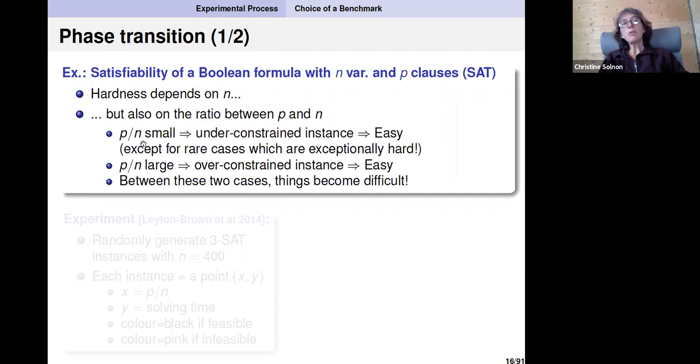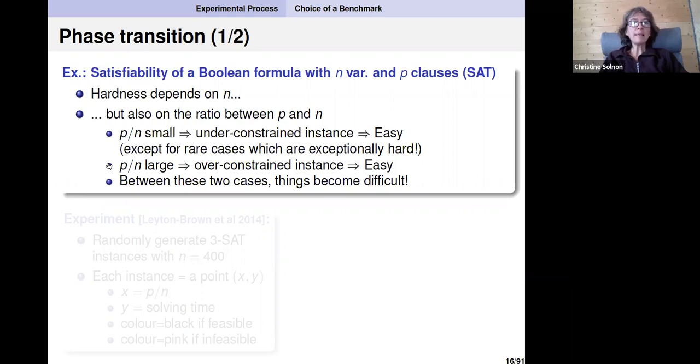If this ratio is very small, it means that we have very few constraints. And in this case, we have an under-constrained instance. And for this instance, it's very easy to find a solution, except for very rare cases for which it will be exceptionally hard.